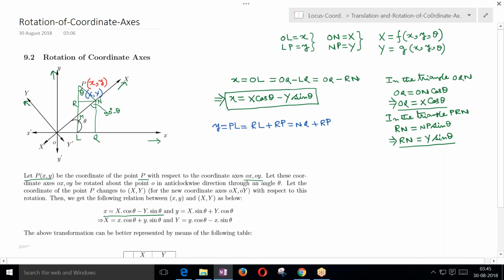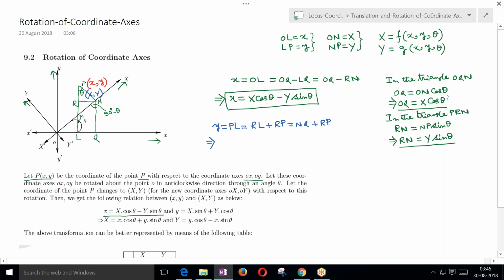Similarly in that triangle, RP is equal to capital Y cos theta.